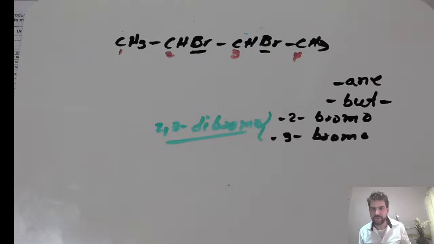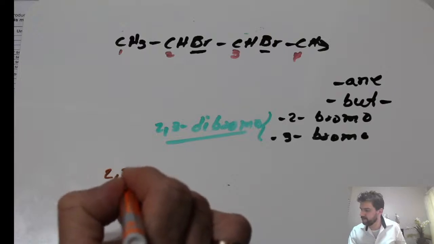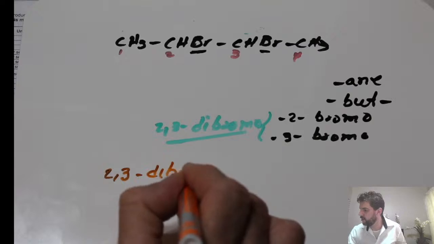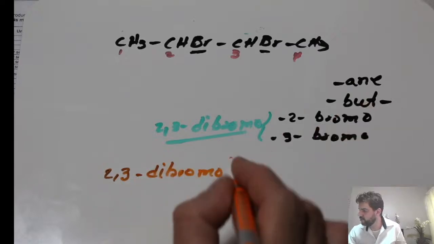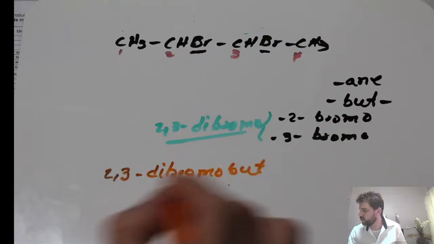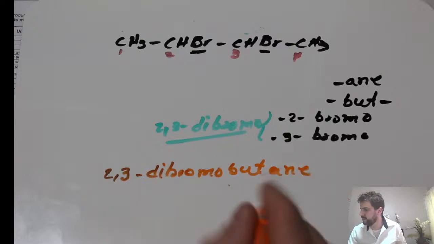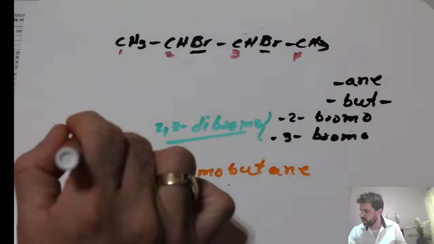We have nothing else, so we combine the name. So the final name of this compound is going to be 2,3-dibromo, put together in one word, butane. And this is the name of compound A.